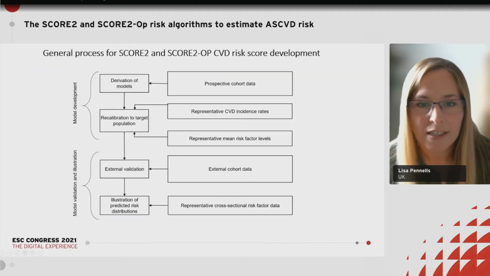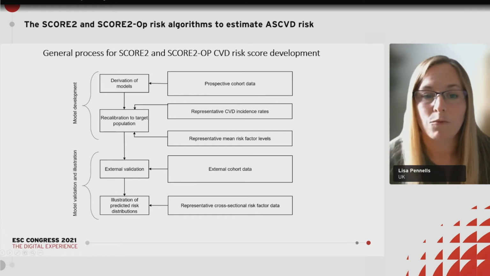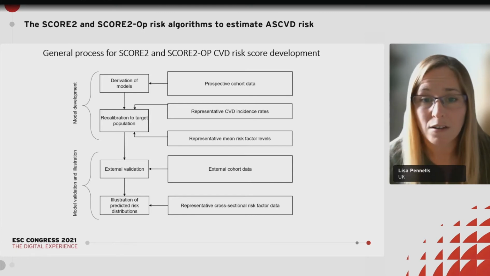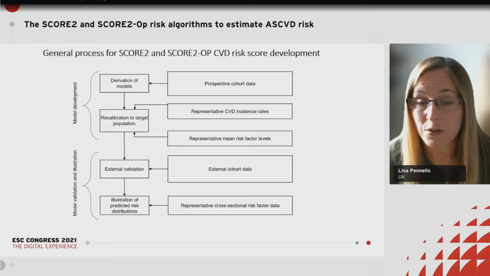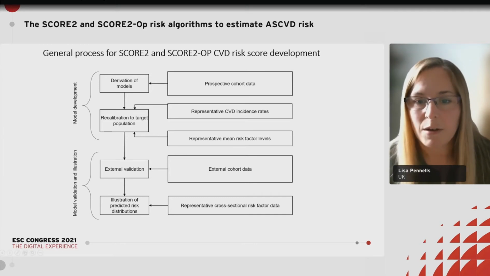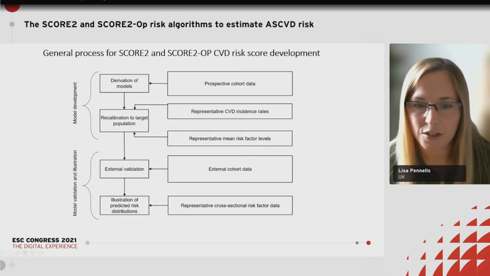And with this in mind, we've included a recalibration step in our risk score development process. So this is the general process for development of SCORE2 and SCORE2 OP. We started by deriving models using prospective cohort data, and then we've recalibrated using representative incidence rates and risk factor values from each target population.